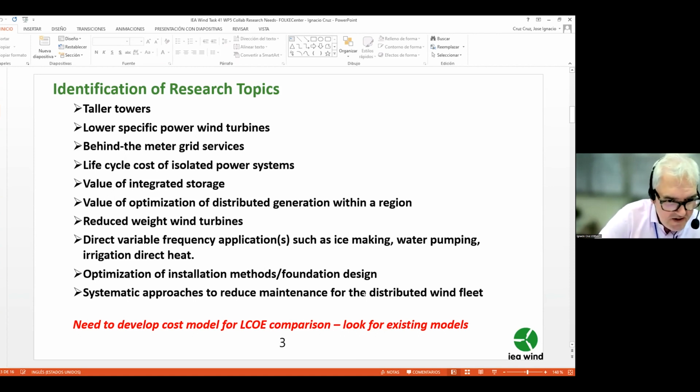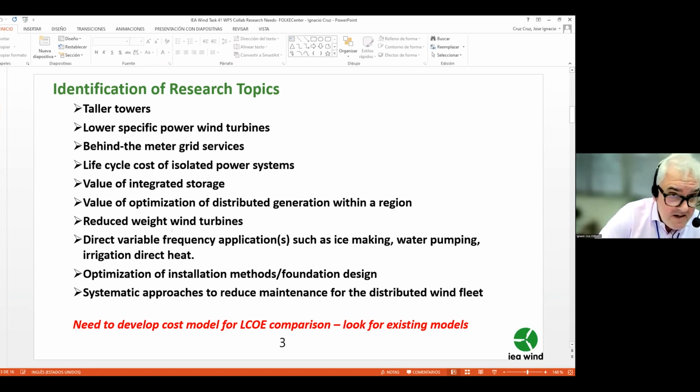I think that this is a pending question in the small wind, related to the supply chain industrialization. In order to reduce cost, it's clear that a big market is required just to deploy these strategies. This is a question that needs to be solved or developed in the future.